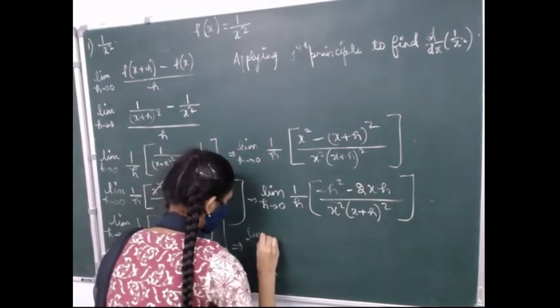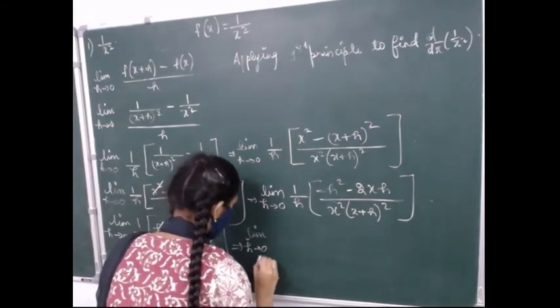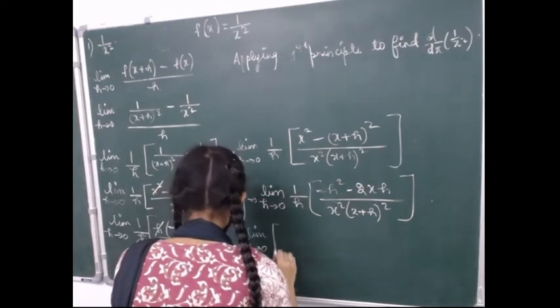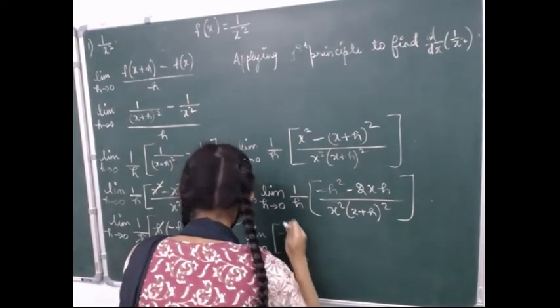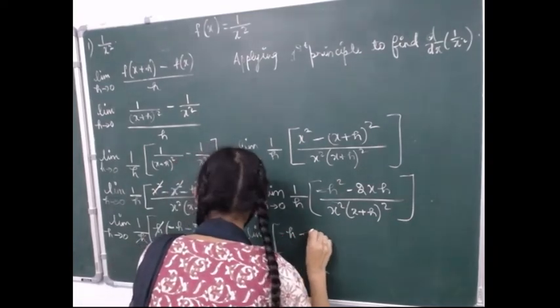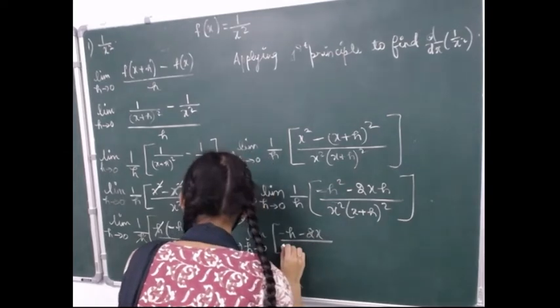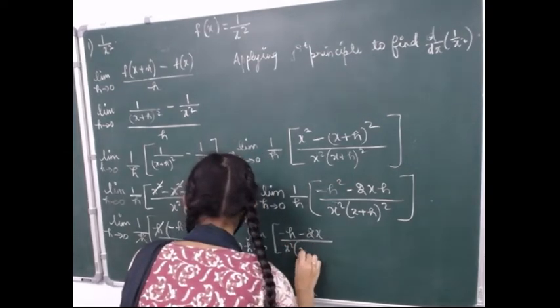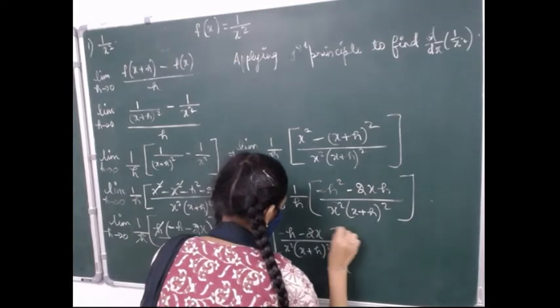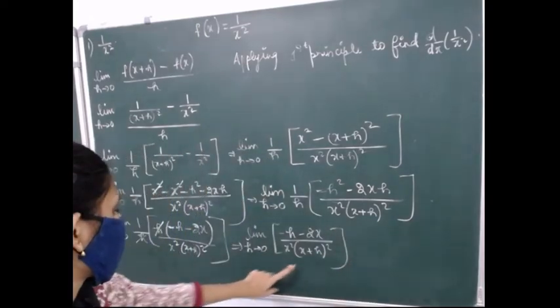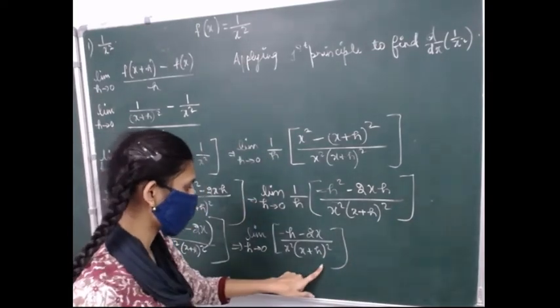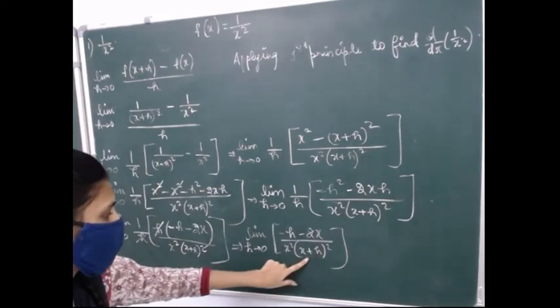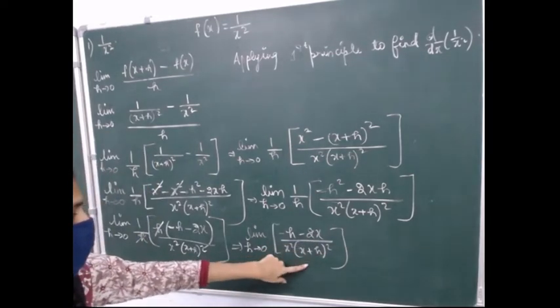So limit h tending to 0, minus h minus 2x, whole divided by x square into x plus h the whole square. So here we can apply h is equal to 0 because the term is not in multiplication. So it will not be in the form of 0 by 0.